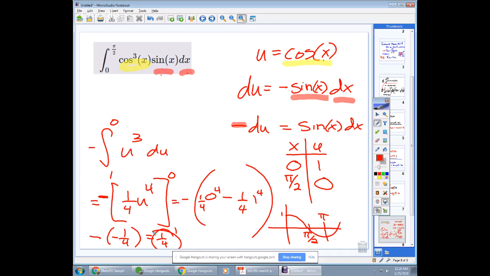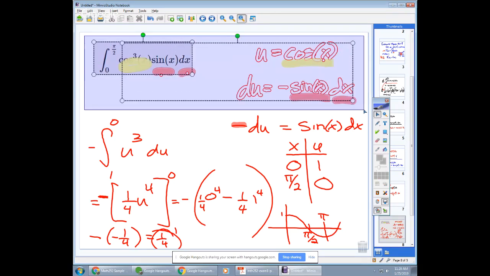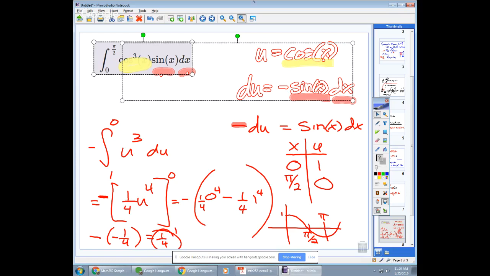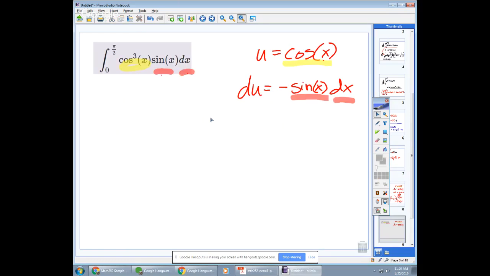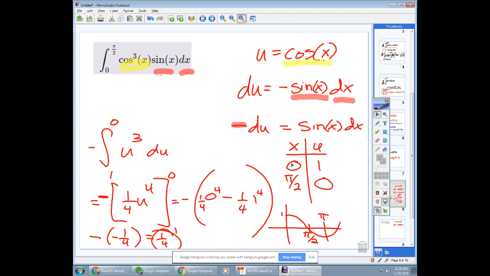I'm going to do this the other way just to check. Because that's what the substitution said. If I plugged in x equals 0, it translates to u equals 1. So I have to replace x equals 0 with u equals 1.